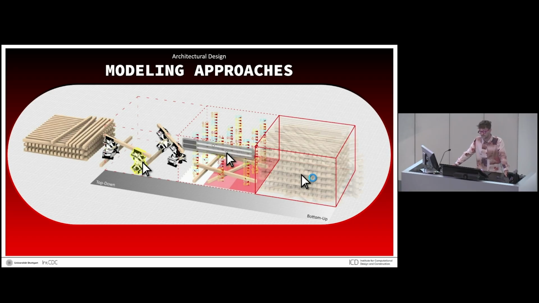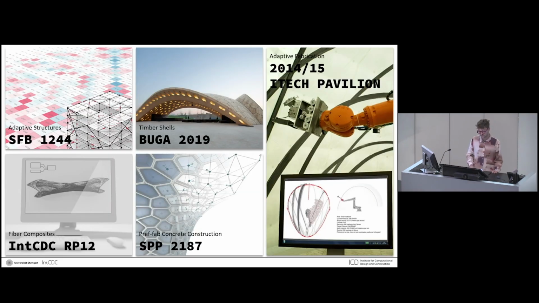And this includes both top-down methods in which designers design blueprints for the robots to build, as well as more bottom-up methods where the design is emerging through the construction process and potentially derived from the intelligence of the robots themselves.